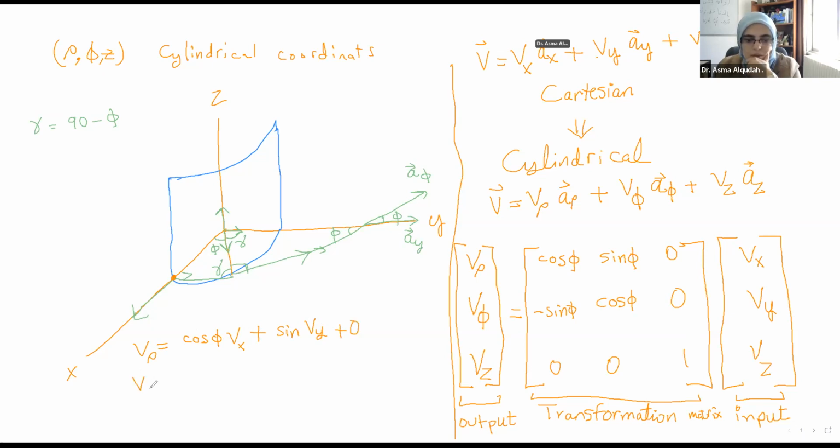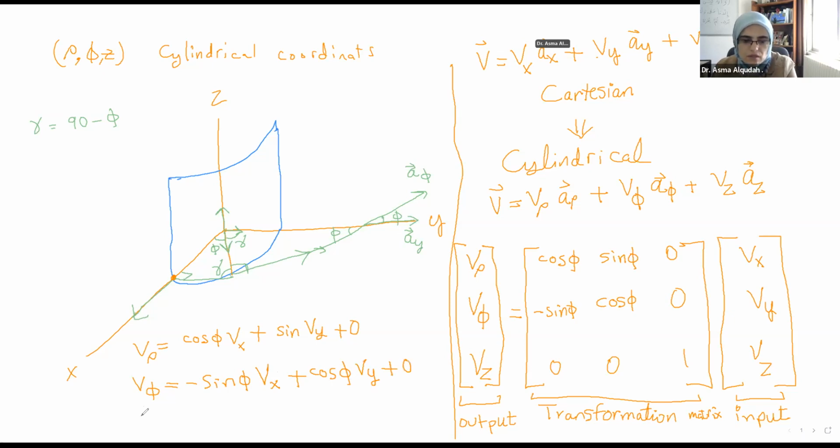Now v sub phi is equal to what? Is equal to the second row multiplied by this column. So it's equal to minus sine phi multiplied by v sub x plus cosine phi multiplied by v sub y plus 0.